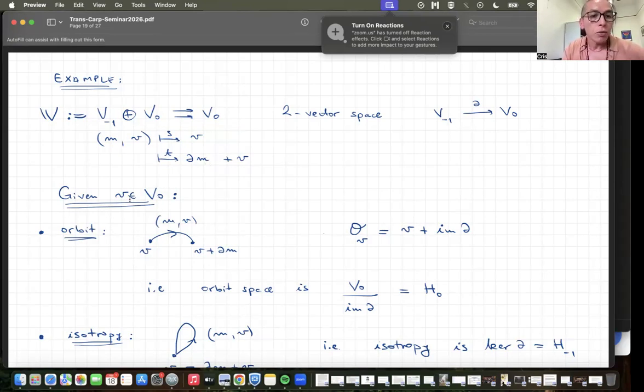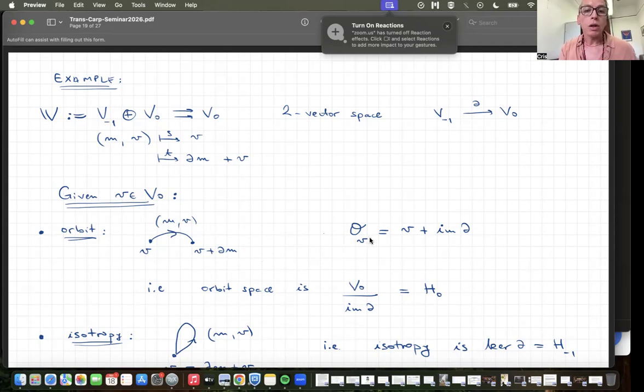So if we fix an object v in V_0, what is the orbit? The orbit is all the elements in V_0 which are connected to v by an arrow. An arrow is a couple (m, v), and the source has to be v, and the target is v plus ∂m.